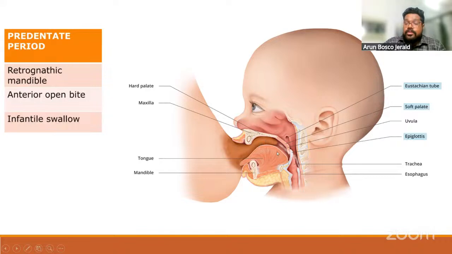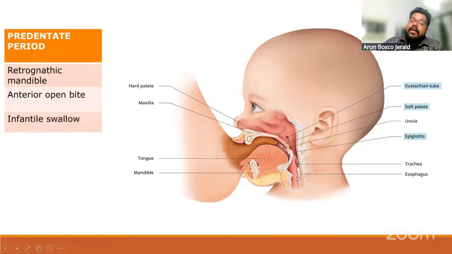Now the child has to swallow. Now the swallowing is very different in a child. An infantile swallow is characterized by the peristaltic movement, which is starting from the tongue itself. So the peristaltic movement will be starting from the tongue, which is followed to the remaining portion of the alimentary canal. Now, the furrowing of the tongue in the middle portion will collect the milk inside the mouth. And later, the child will be swallowing by passing this milk between the facial pillars.